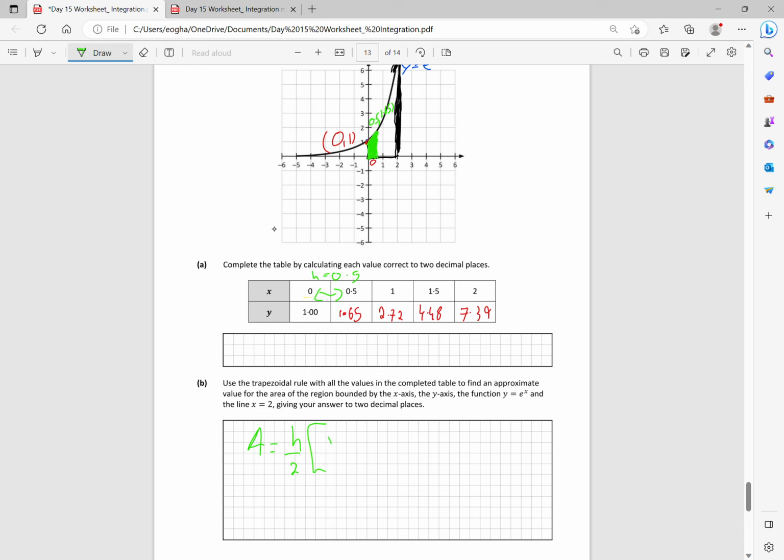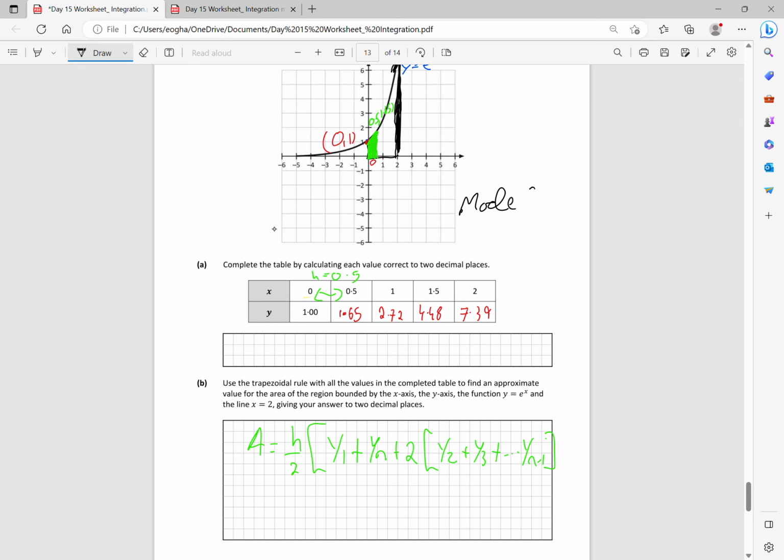Okay, h is equal to 0.5 in this case. So h is the width, and then it's the first height plus the last height plus 2 times the sum of the remaining heights, y n minus 1. And I'll just go through what all that is.